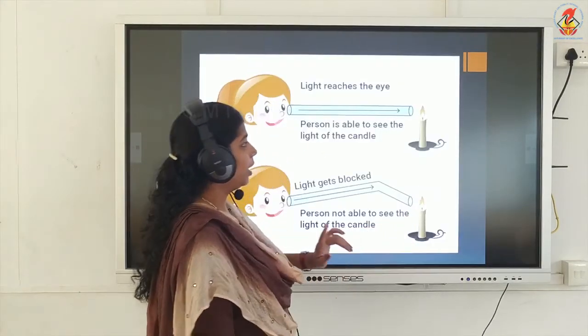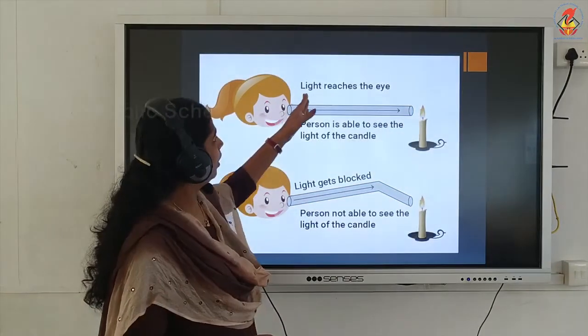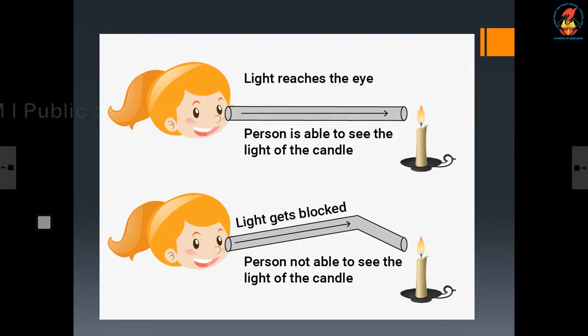That means light travels in a straight line. One more activity is given. Here the pipe is a straight one, so we can see the lighted candle. Here it's a bent one, so the light gets blocked here and we will not be able to see the lighted candle.